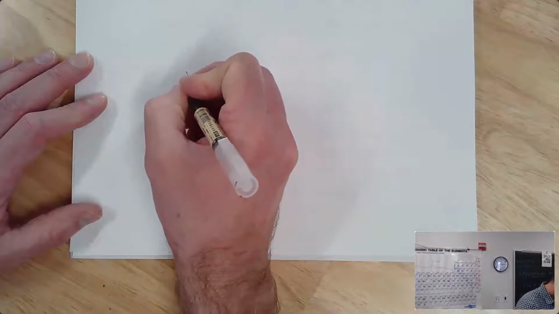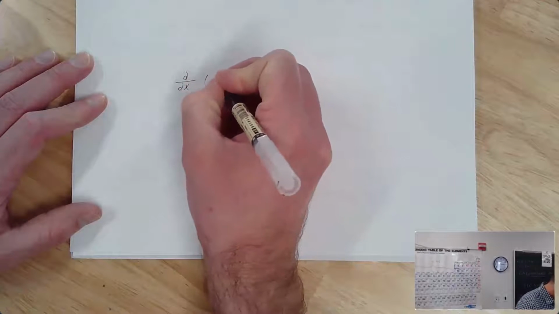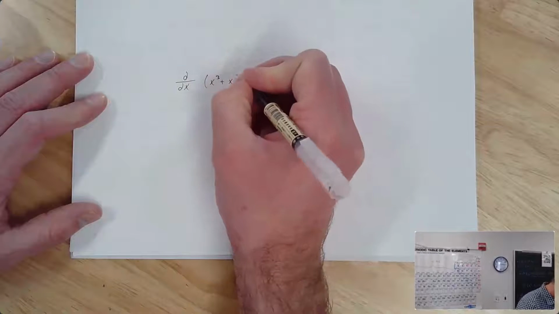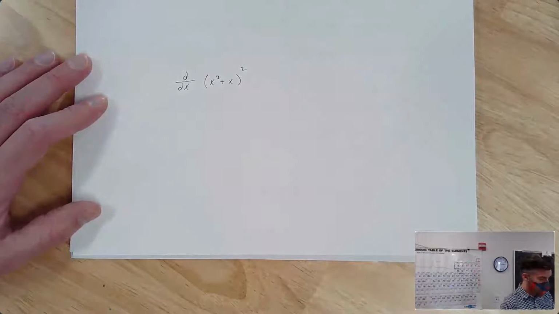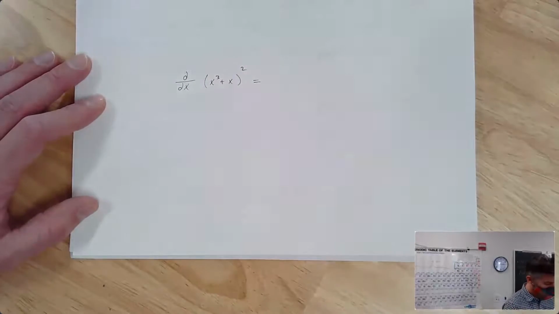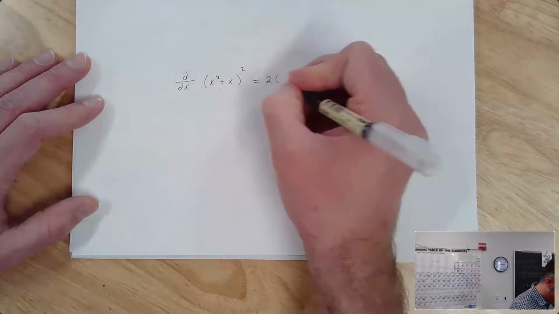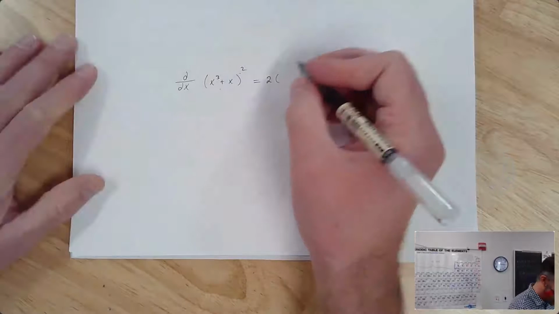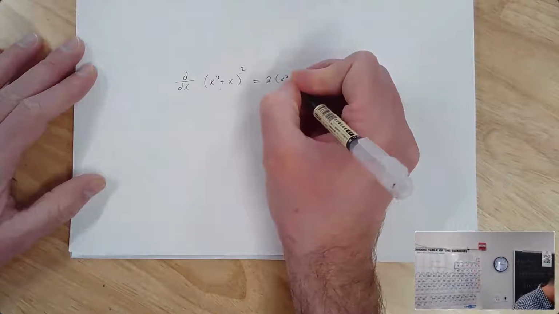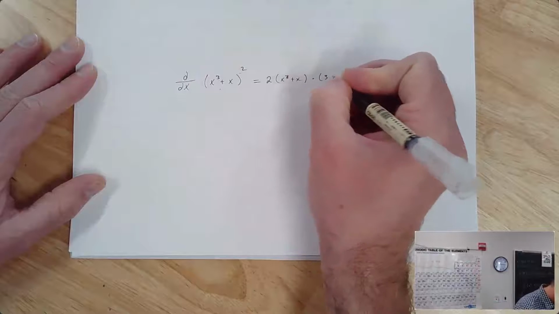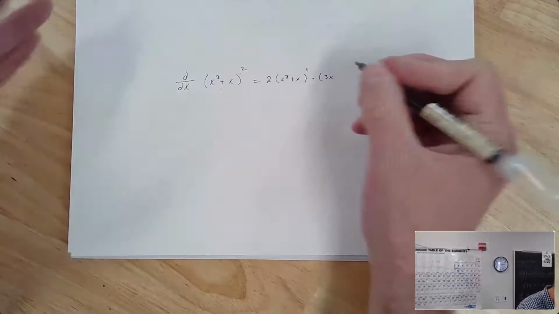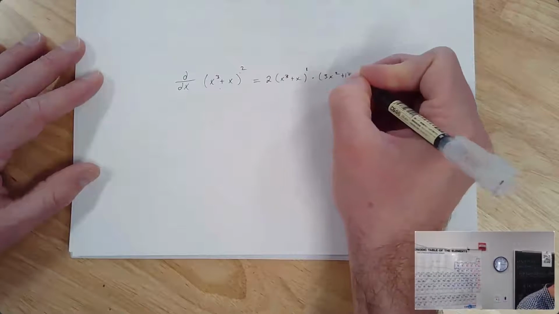If I said, what's the derivative of x cubed plus x quantity squared, we would know that it was equal to what? I've got some stuff squared. The derivative is 2. Exactly. 2 times the stuff to the first power, which we never say, times the derivative of the stuff.